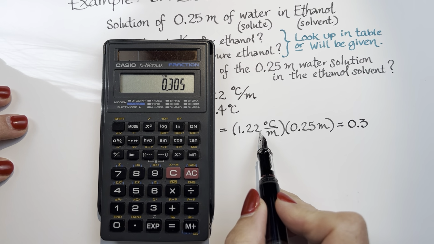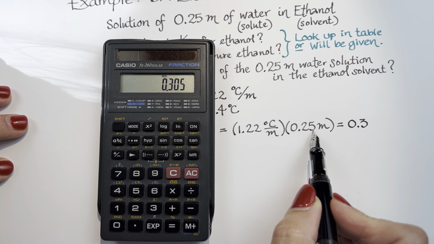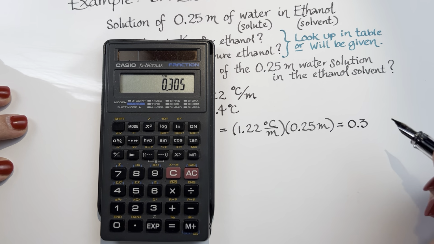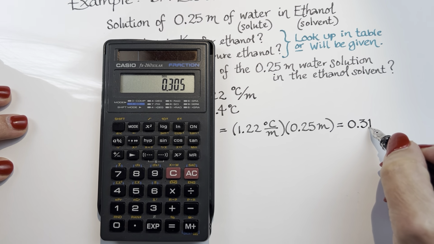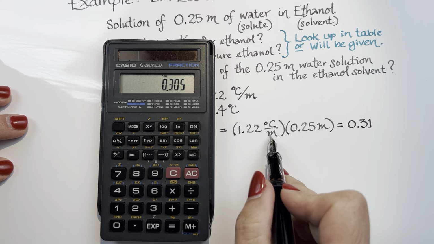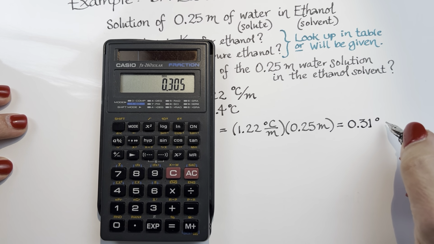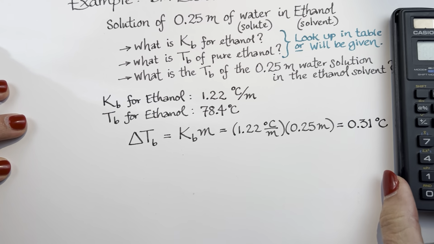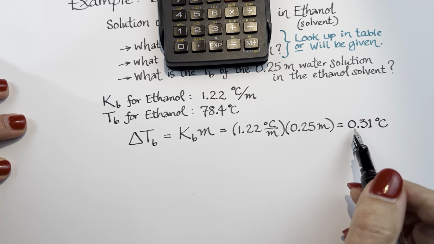Well, look at this. We have 3 sig figs, 2 sig figs. We are limited in significant figures by the 2 here. So I'll round this up. 0.31. Molal cancels, so we have degrees Celsius. Okay. So this is not our final answer, is it?